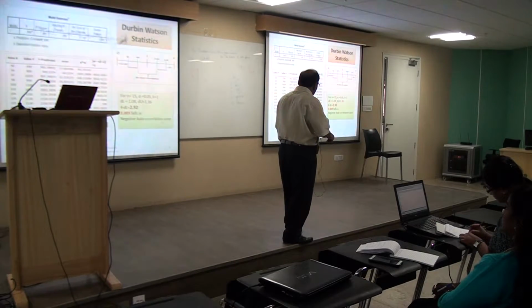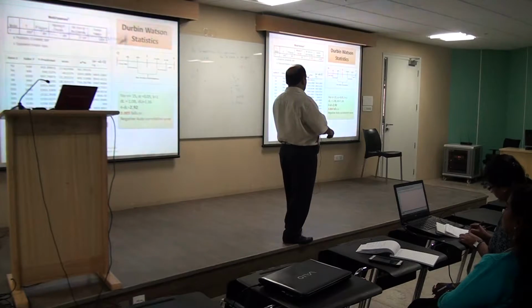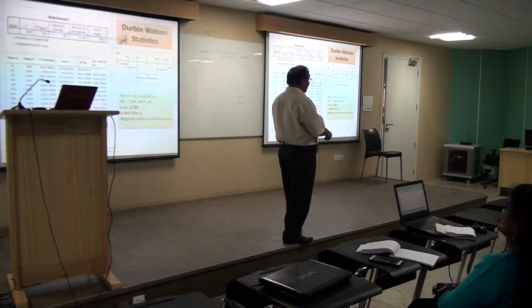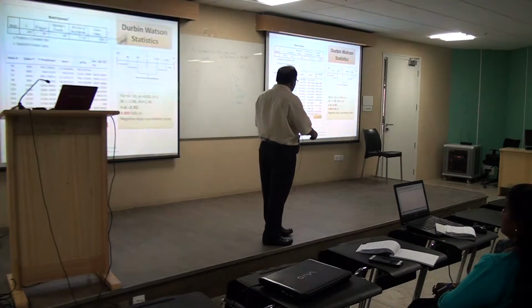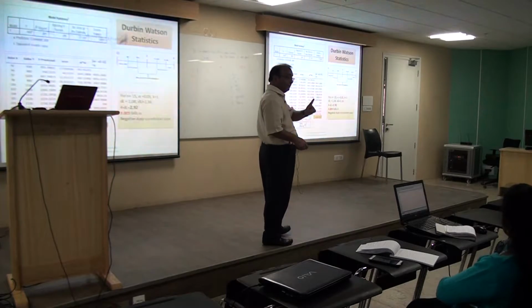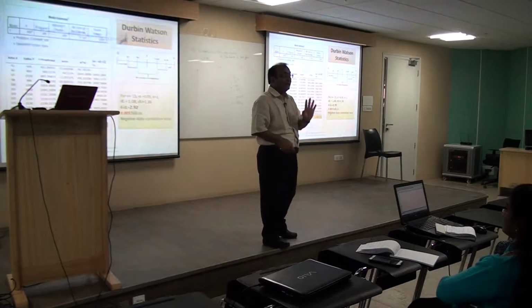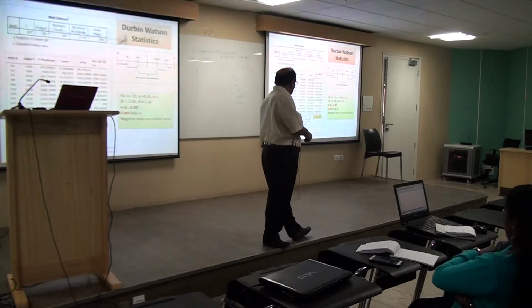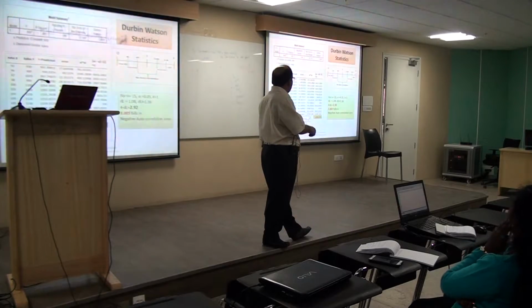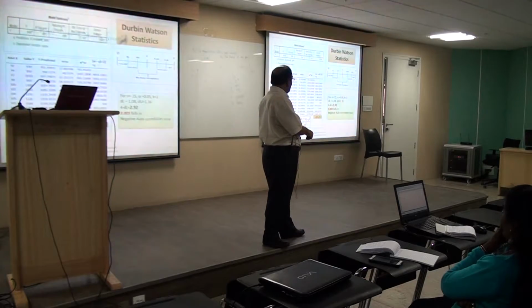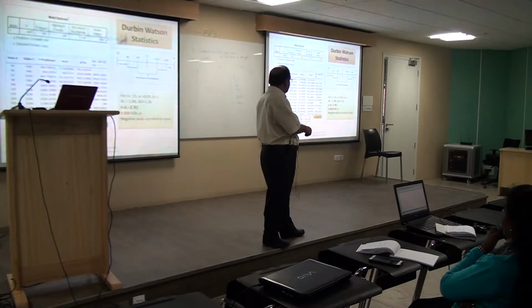They correspond to 15 as the sample size, because the table had 15 as the minimum, and alpha as 0.01 and one predictor, because only advertisement was used. When you find these two values, you put them here. So DL is equal to 1.08, DU is equal to 1.36, then find 4 minus DU, and then 4 minus DL.